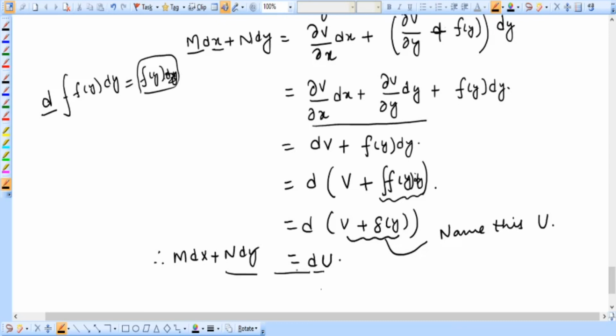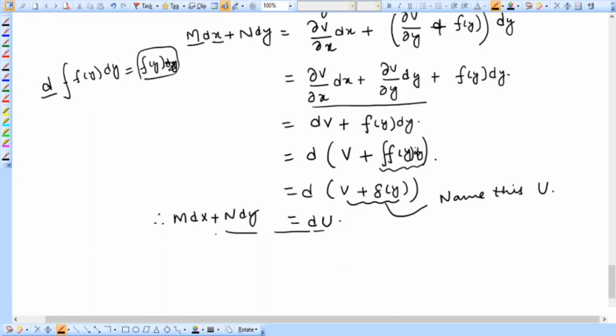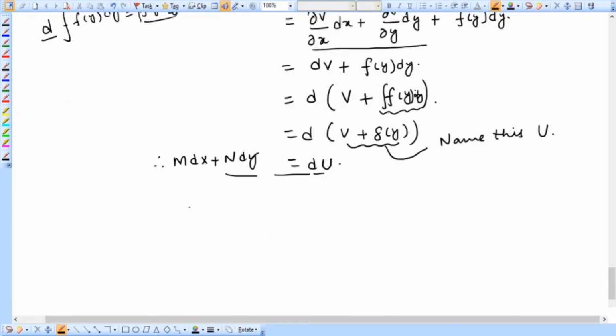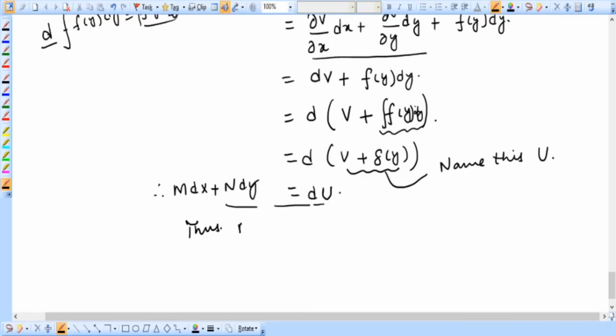Thus m dx plus n dy equal to 0 is an exact differential equation.